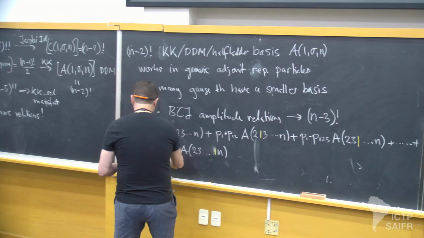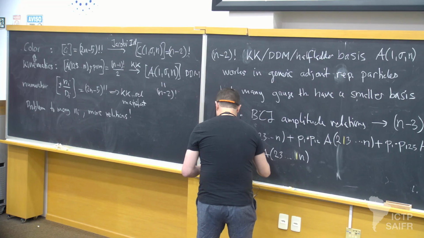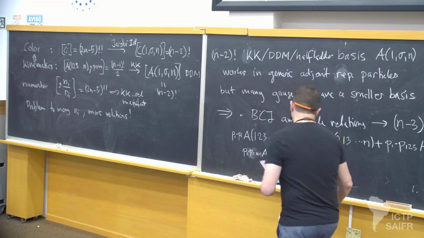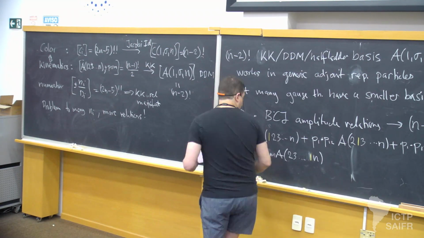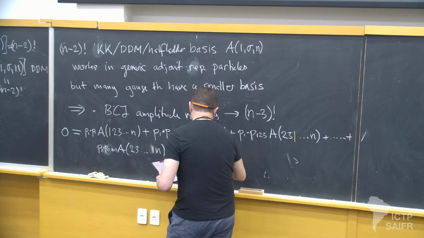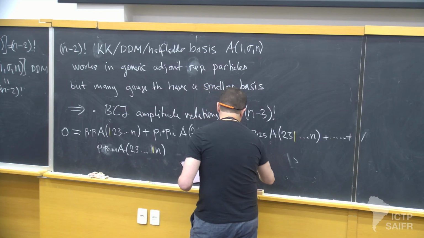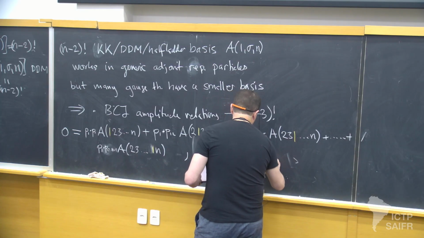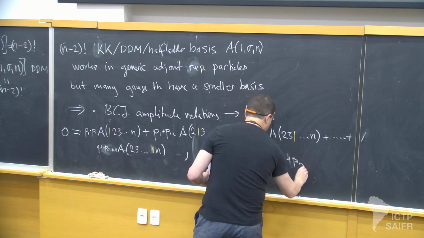And the factor here is p1·p12...n-1. So the claim is that this is 0. And p123...n-1 is just the sum of the momenta, p1 plus p2 plus p3, up to p_{n-1}.